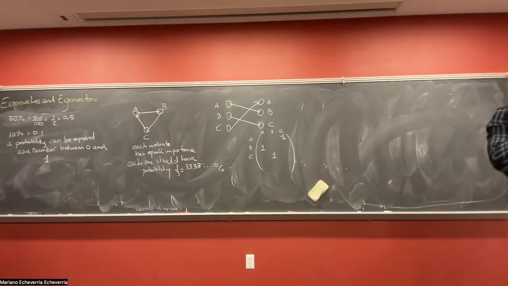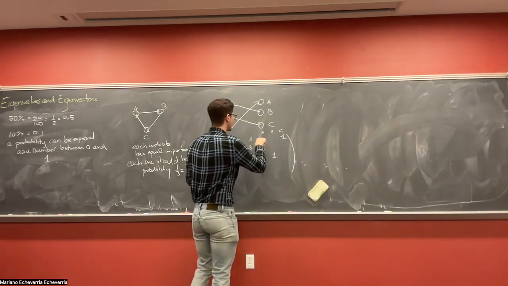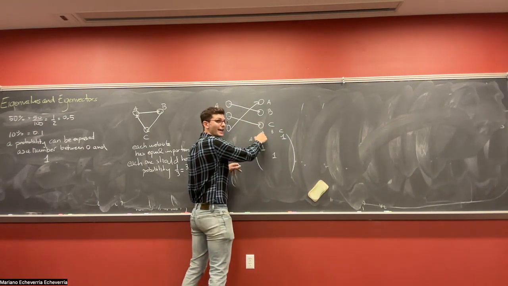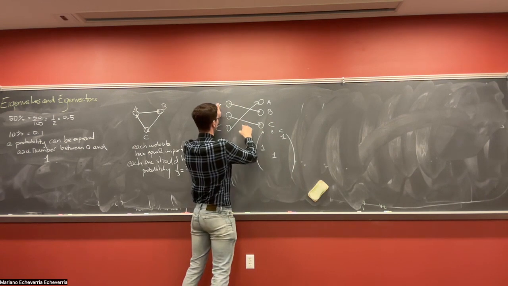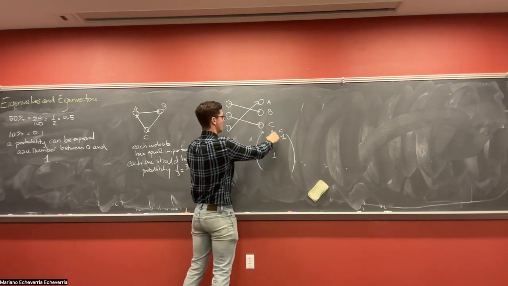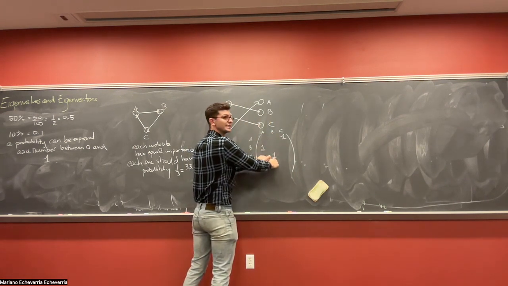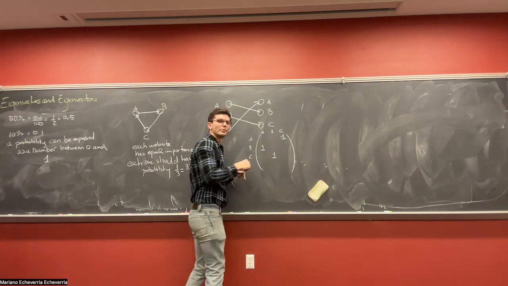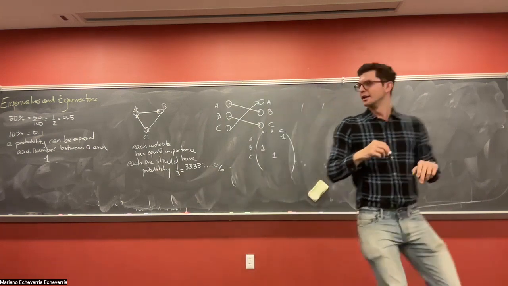Is that clear? I'm telling you where I'm starting and where I'm ending. I'm starting at A and finishing at B, so I put a 1 here. Starting at B and ending at C, a 1 here, and starting at C and ending at A, a 1 here. Is that okay?